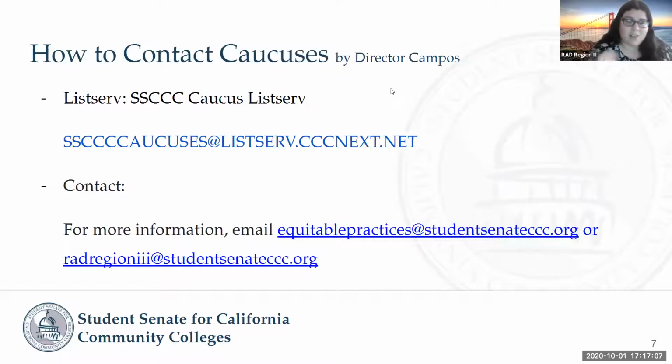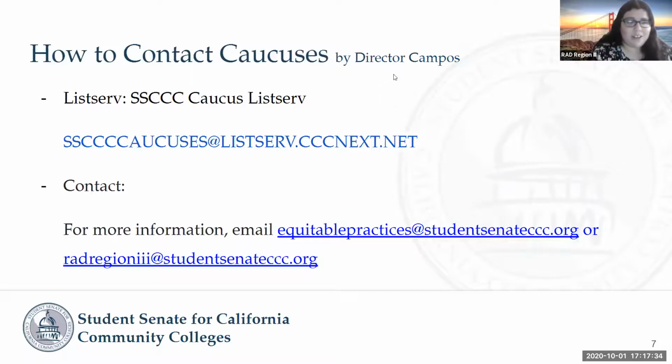It's an internal SSCCC committee that works on equity issues, as well as oversees the whole caucus process, and not oversees in a way where we're micromanaging what the caucuses do. We are really just there to help facilitate caucus meetings and elections when those happen, as well as ensure the success of each caucus every year.